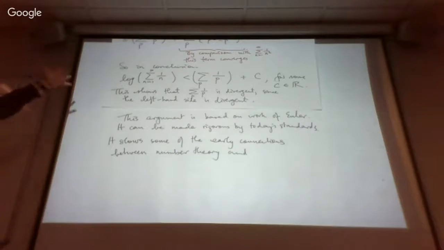But here, where we started talking about the behavior of infinite sums, using the logarithm, using Taylor series, we're starting to use concepts from analysis, which early on you think is a wholly different field of mathematics from the discrete nature of the study of the integers and divisibility. But this argument shows that there seem to be some strong connections between the two. So this shows some of the early connections between number theory and analysis.